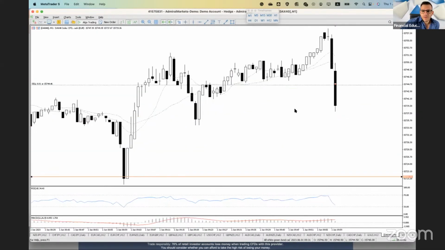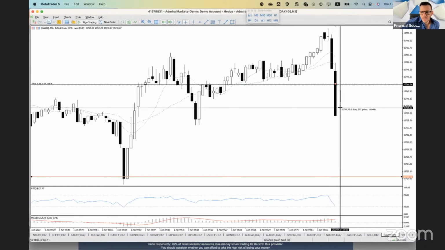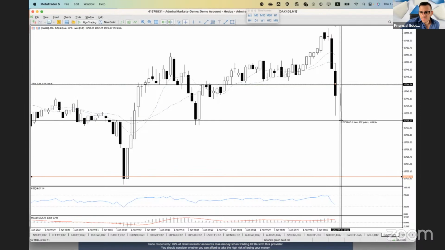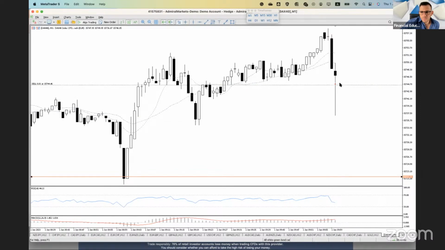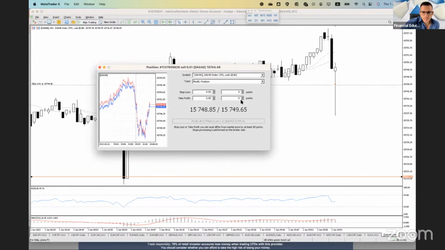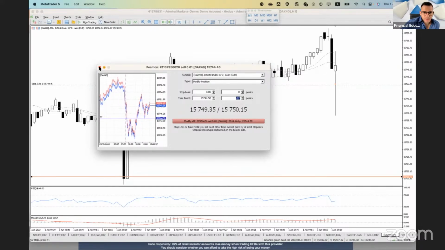So I prefer the sell order. Let's see if we're going to get 10 pips. I don't like this one.